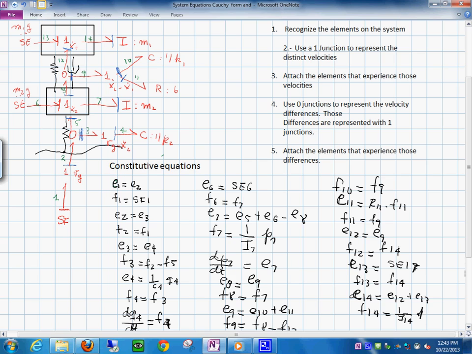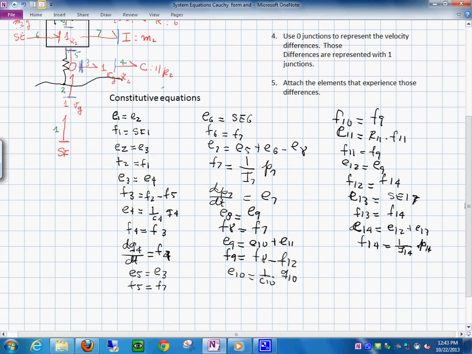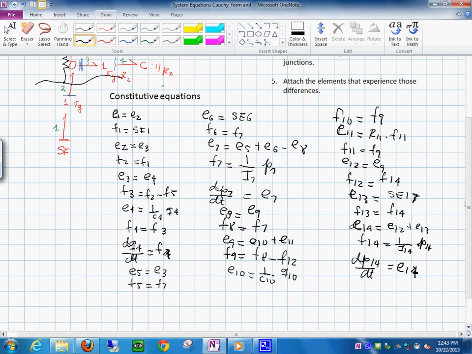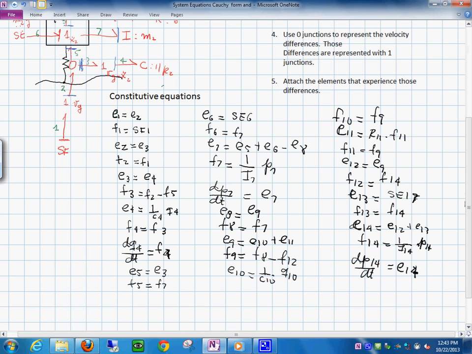So now what I think I need to do is to go ahead and make substitutions in here and just build the Cauchy form of these equations. Where did it insert it? Okay. Where here? Yeah, here.